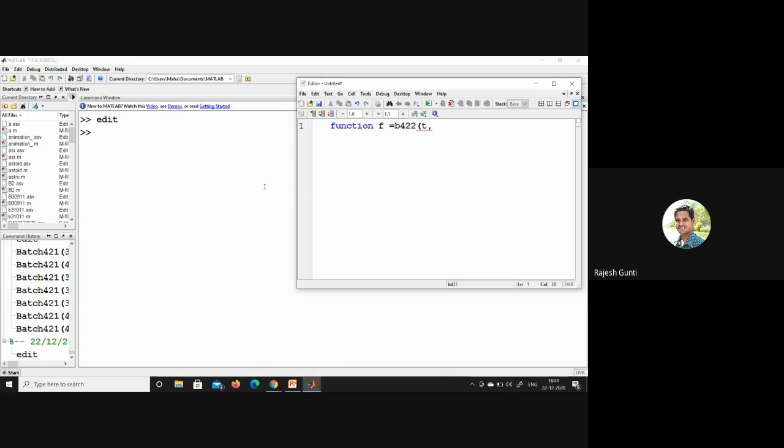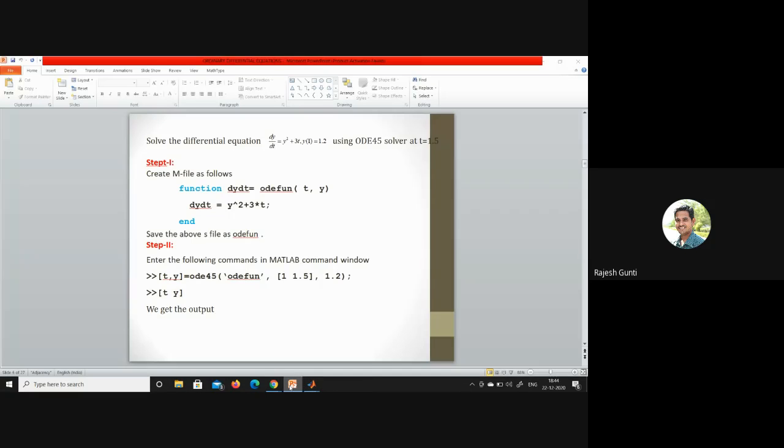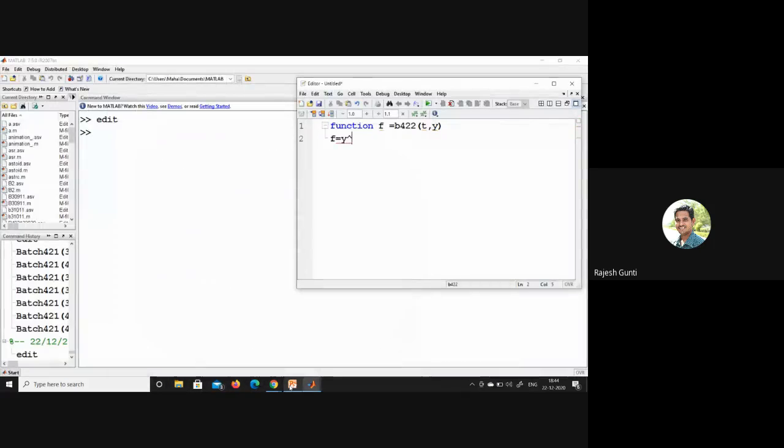The independent variable is t and the dependent variable is y. What is my output? F is nothing but the differential equation: f is equal to y square plus 3*t, semicolon, end.